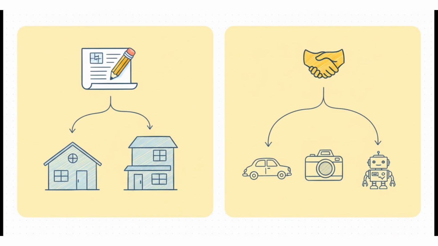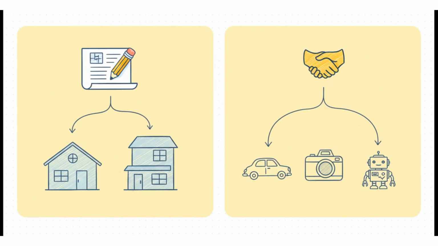On the left, with the houses, you use an abstract class when you've got a bunch of closely related objects that all share some core functionality. Think of different models of a house that are all based on one master blueprint. You want to share some of the code, but force other parts to be custom.